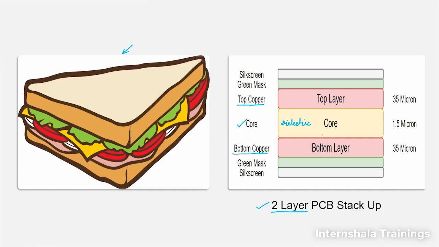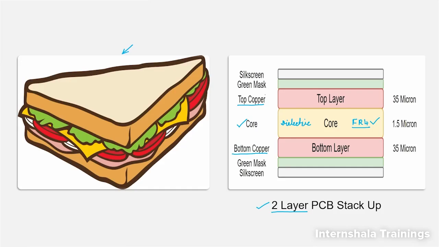Most of the time, the core in a 2-layer PCB is FR4, the name of a material which stands for flame retardant 4. It is one of the most widely used and popular materials for the 2-layer PCB, though there are other materials for the core.